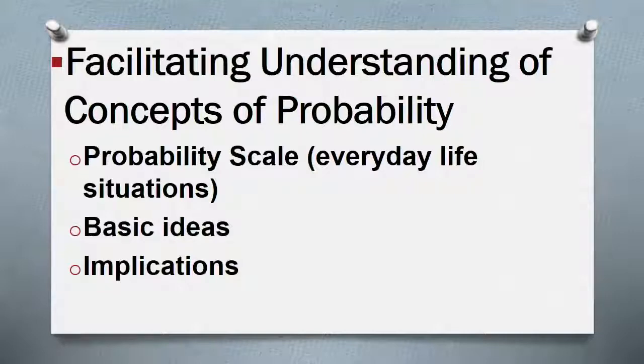It's unlikely that the rain will fall, for example, in October. And then you also have a 50-50 chance of something happening on the probability scale. For example, if you flip a coin, it either lands on the head or tail, so that indicates a 50-50 situation.